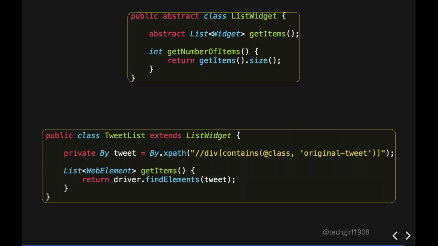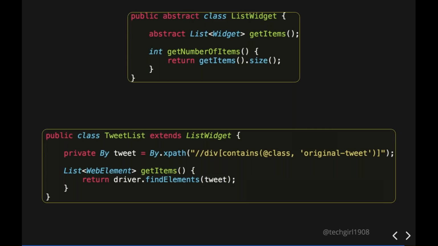But you're saying, okay, if you had some list widget, you might have a method called get items, and that should return a list of widget type, right? And so that part is abstract, meaning I'm not going to provide the details to do this. Depending on what type of list widget you are, that could vary.